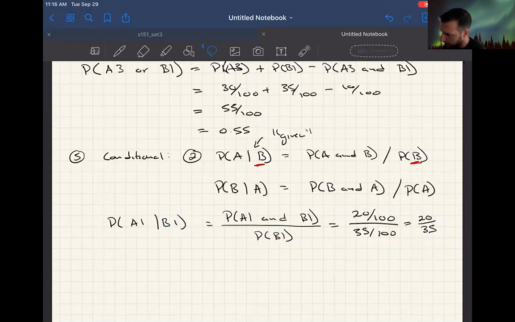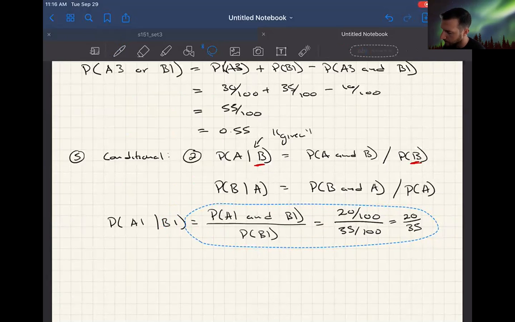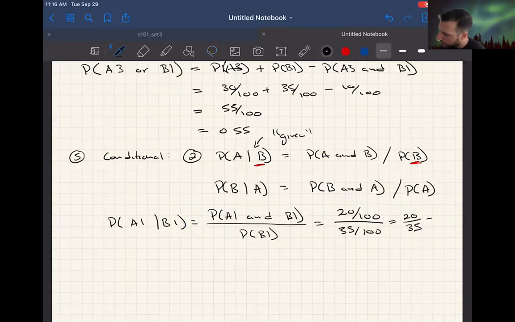Sorry, I'm just making a little bit of space. Just want to keep everything on one line here. And then 20 over 35 is equal to 0.571.